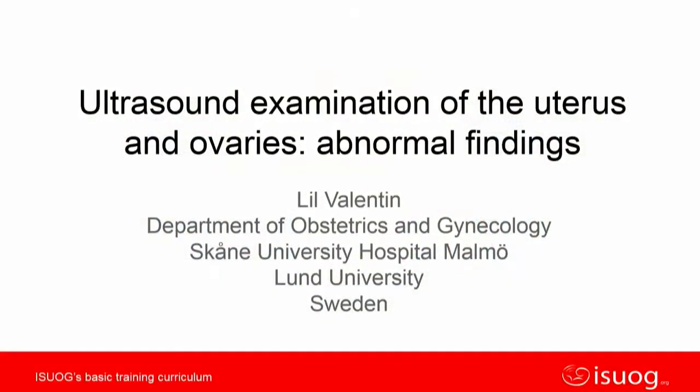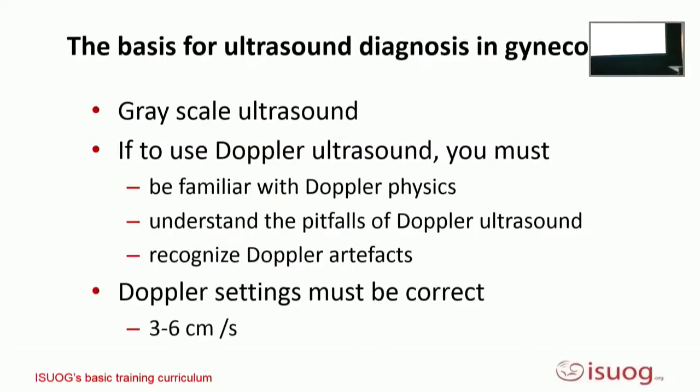So I have got 20 minutes to sum up all gynecology. I want to emphasize that the basis of all ultrasound diagnosis in gynecology is grayscale ultrasound imaging. Learn to master grayscale ultrasound imaging before you start using Doppler.